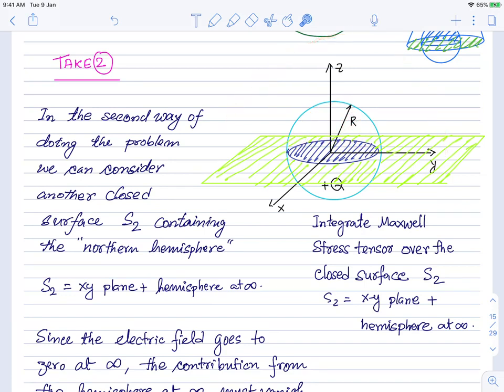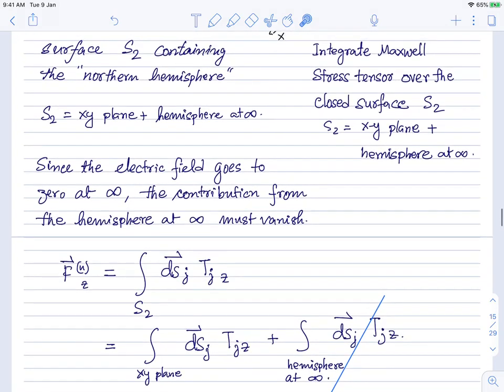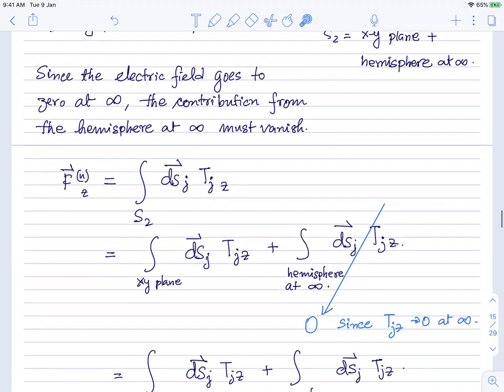So we have to close it on top. If we close it on top by a large hemispherical dome at infinity, then that doesn't get any contribution, but there are contributions from the xy plane points. This xy plane also has two parts to it. One is the region inside the charge distribution, and the other is the region outside the charge distribution. So this is the xy plane and the hemisphere.